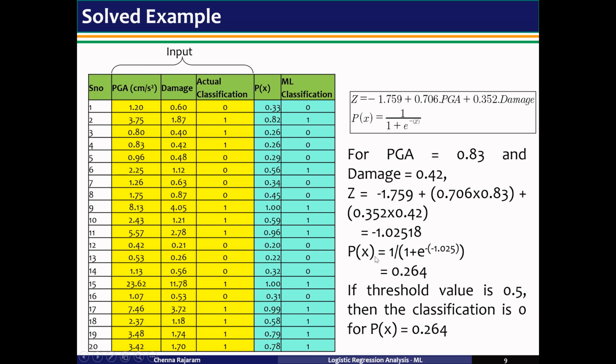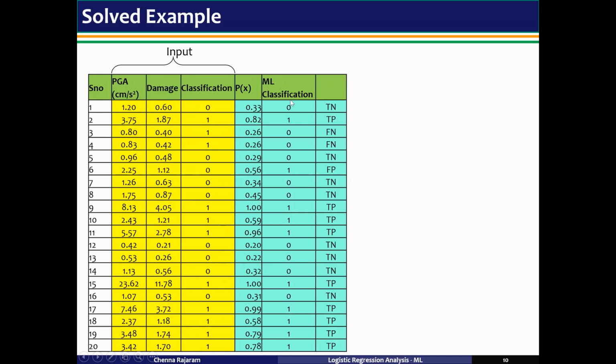After substituting the values, P of x is equal to 0.264. If we set the threshold value equal to 0.5, then the classification is 0 for P of x equal to 0.26. Based on the machine learning classification and the classification of input data, another column is created with the true negative, true positive, false negative, and false positive values.